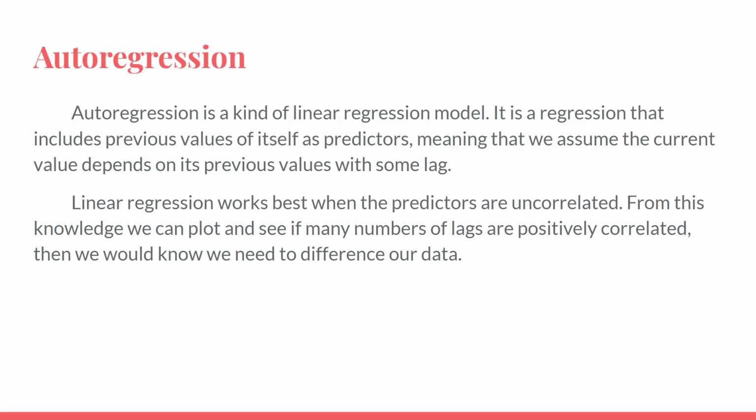Linear regression works best when the predictors are uncorrelated. From this knowledge, we can plot and see if many of the lags are positively correlated. Then we would know we need to difference our data.